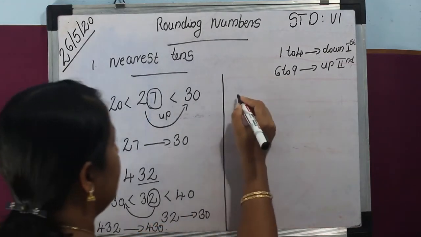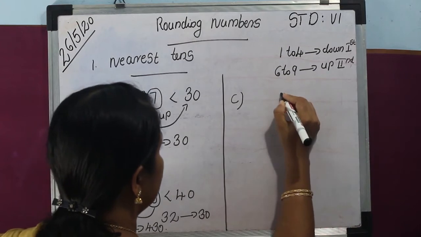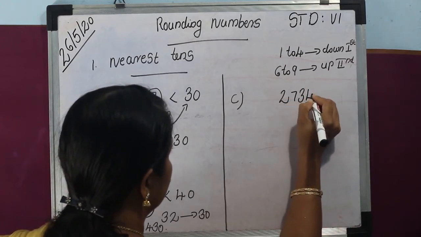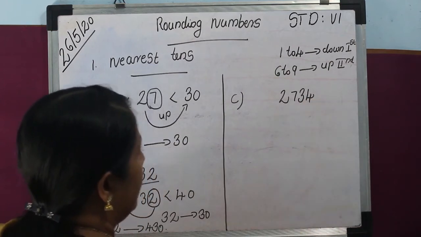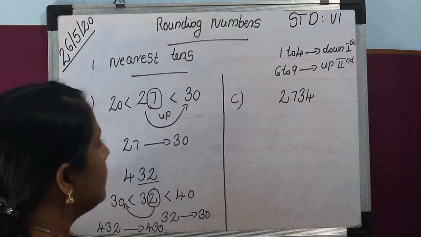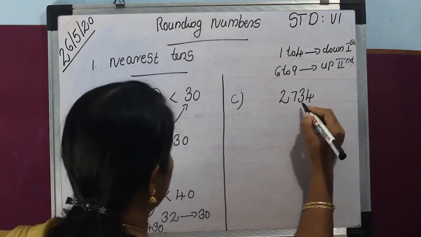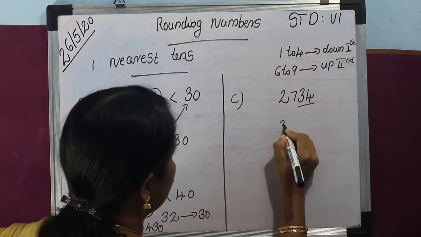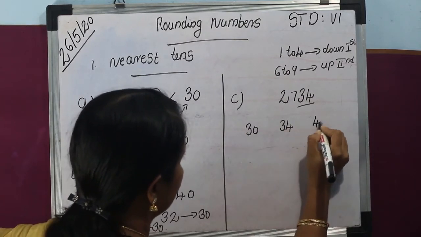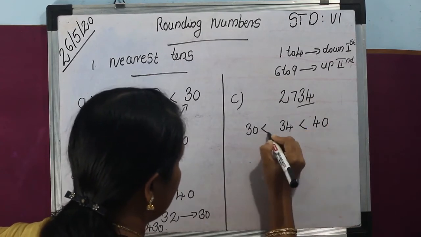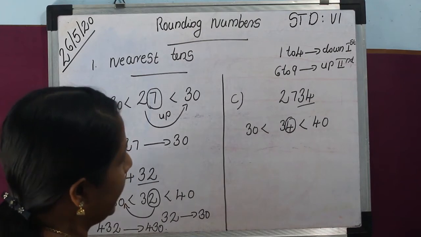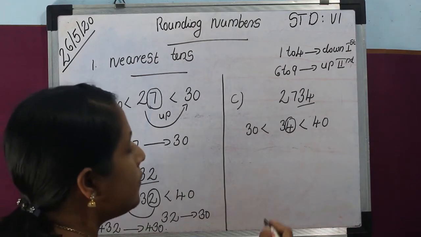See the third example. Consider the number 2734. Actually, this is a thousands place number. Here we want the tens number, that is 34. So, we know that 34 lies between 30 and 40. Then we take the ones place value, that is 4. 4 belongs to the first category.